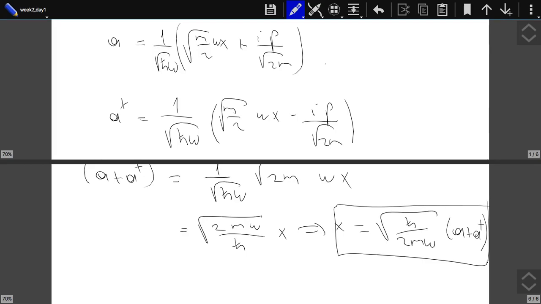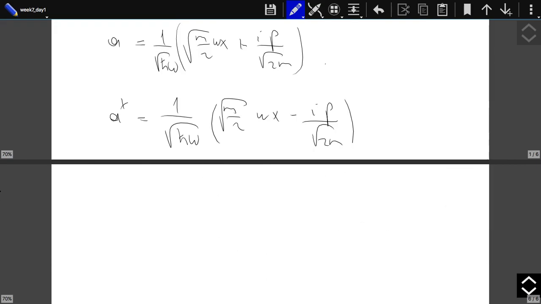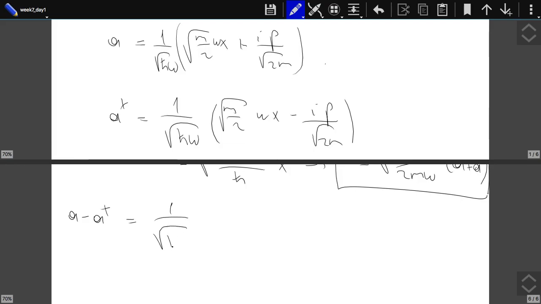Let us also calculate P. Well, A minus A dagger, if you just look at the difference, then the x terms will just cancel each other. This will be equal to 1 over square root of h bar omega multiplied by 2i over square root of 2m times p.